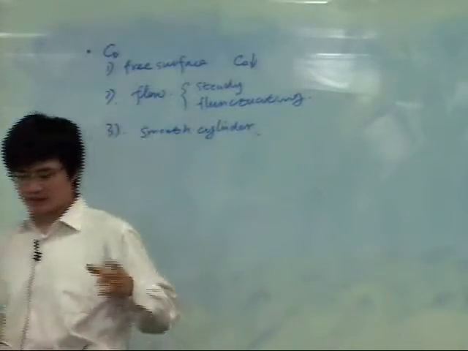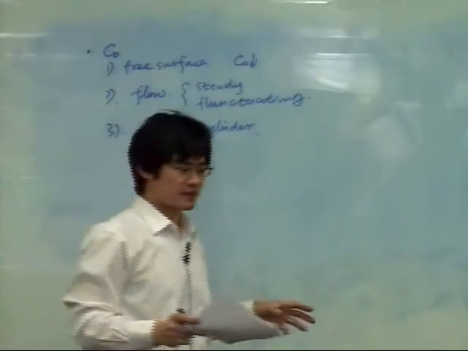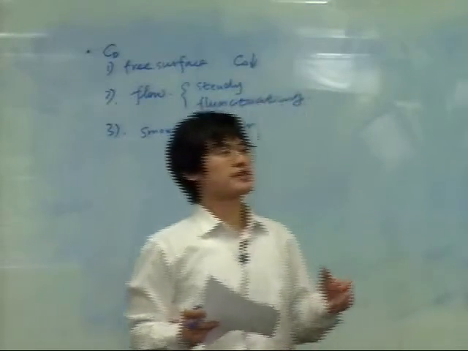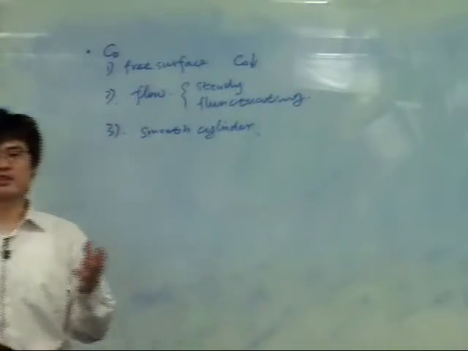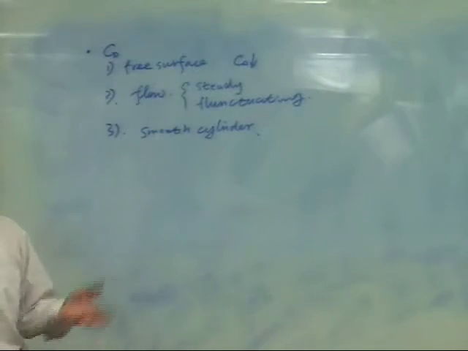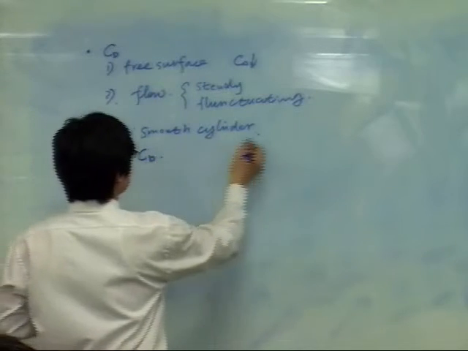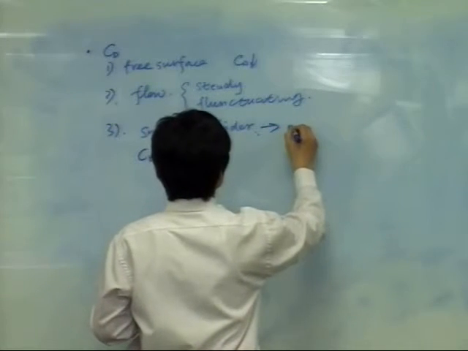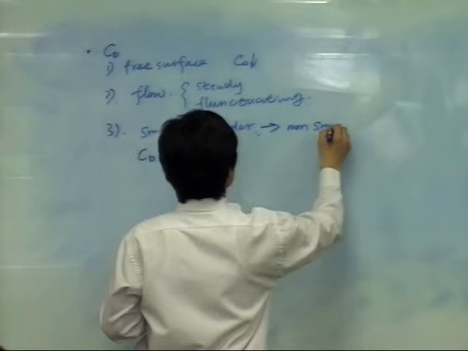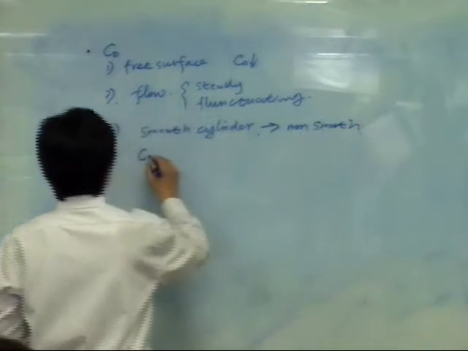As the structure or ship is in operation for a long time, sea growth will cover the surface, so smooth becomes non-smooth. This will change the CD.